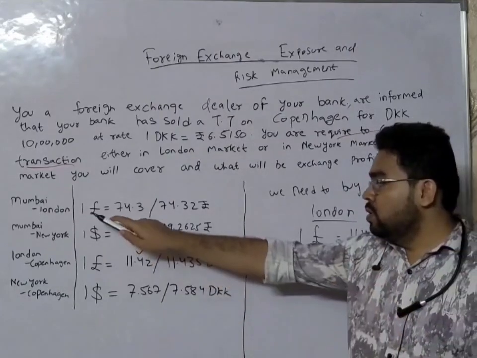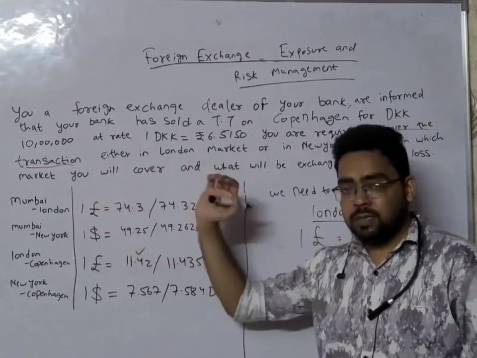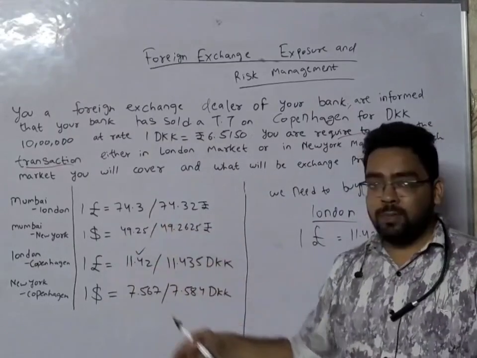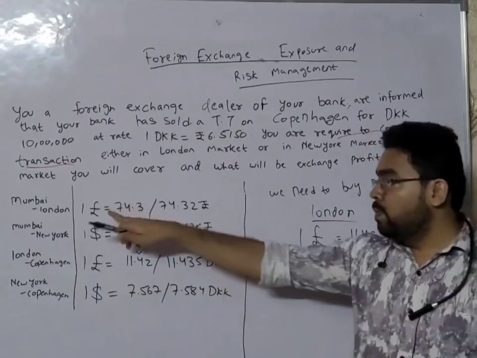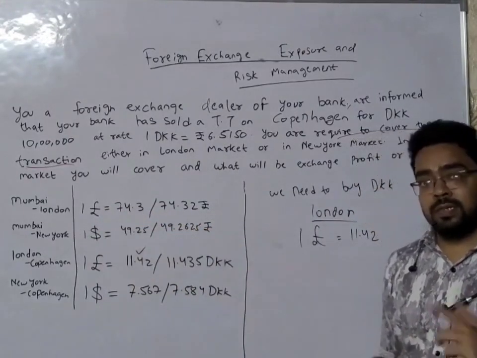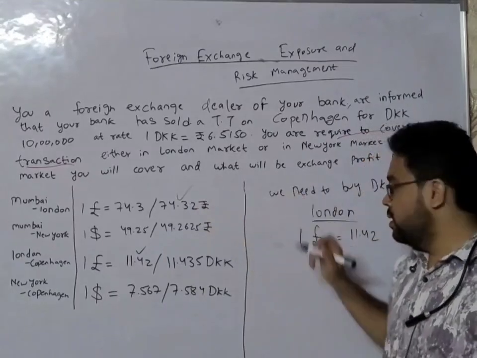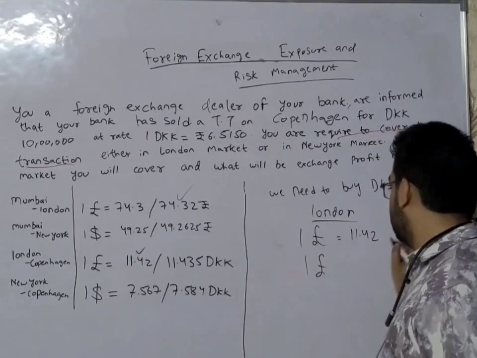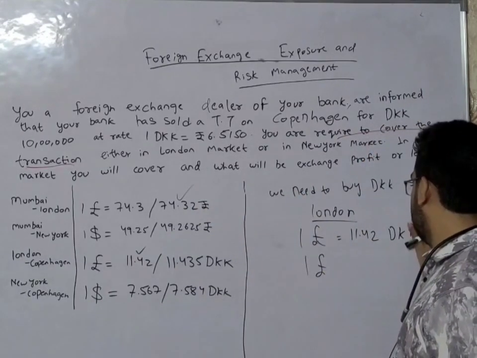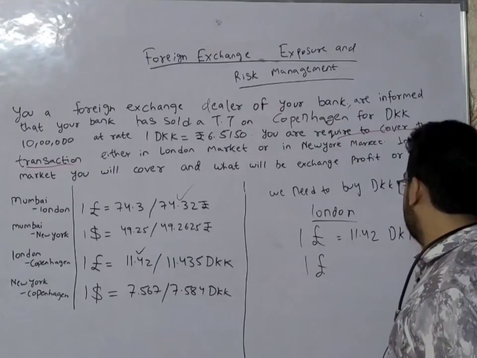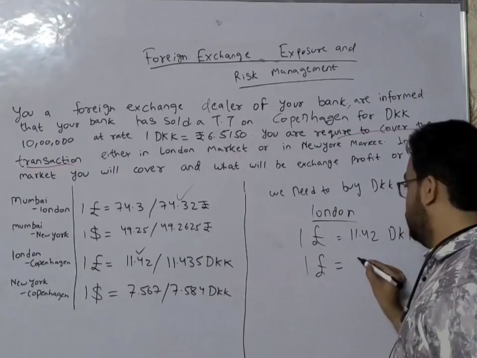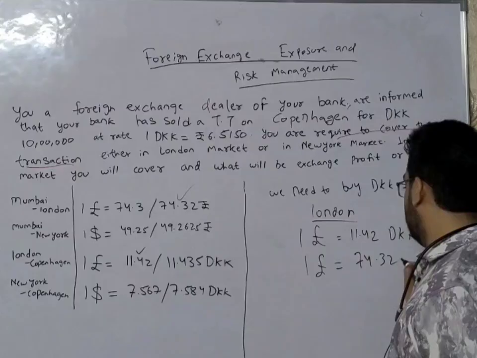Okay. So now this side is commodity. Now to sell pound, we need to buy pound first. We will buy pound at authorized dealers selling rate. 1 pound equals 74.32 rupees.